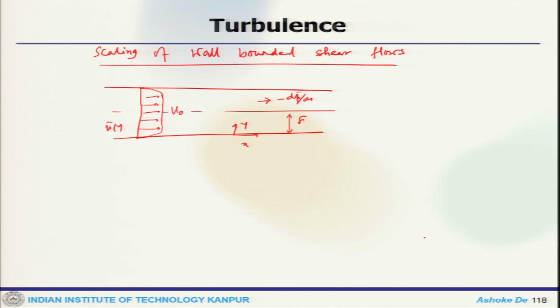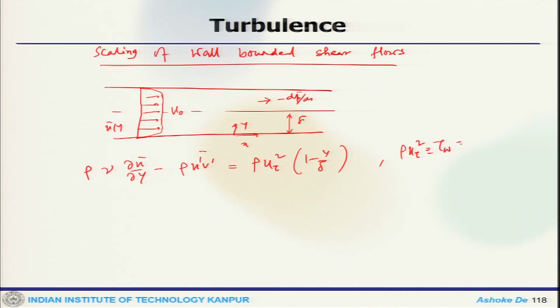So, the profile for total shear stress gives rho nu del u bar by del y minus rho u bar v bar prime equals rho u tau square times 1 minus y by delta, where rho u tau square would be tau w, equals minus delta dp w by dx.